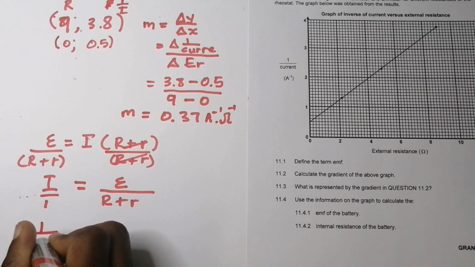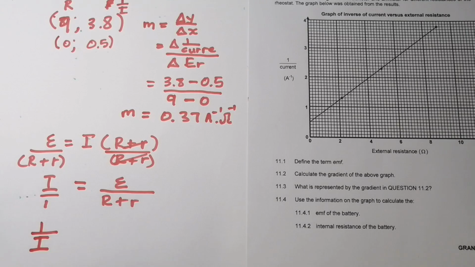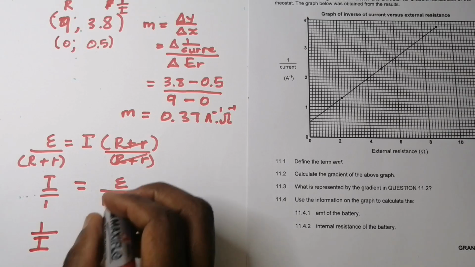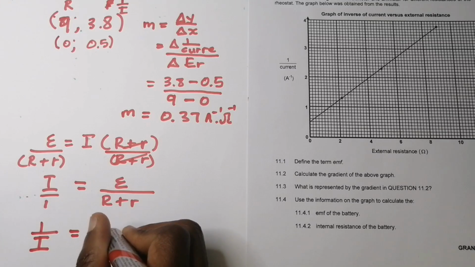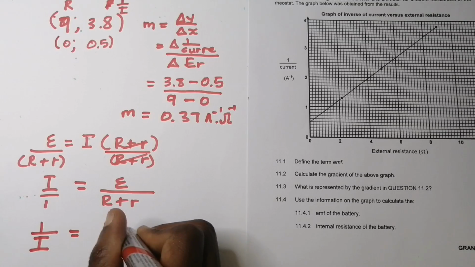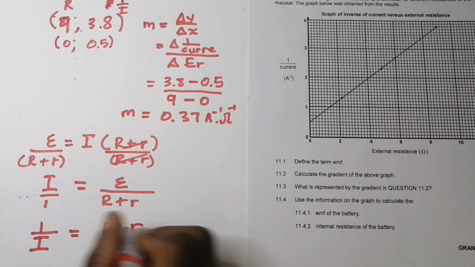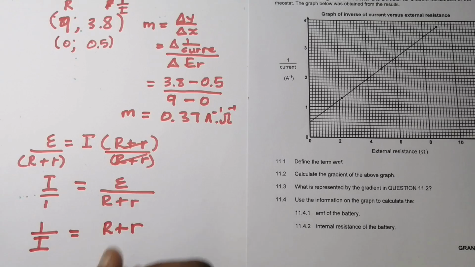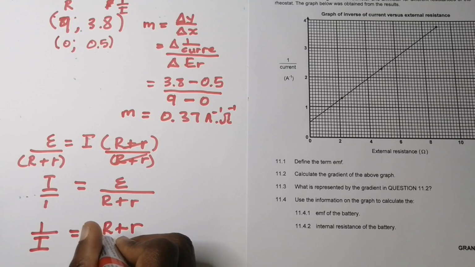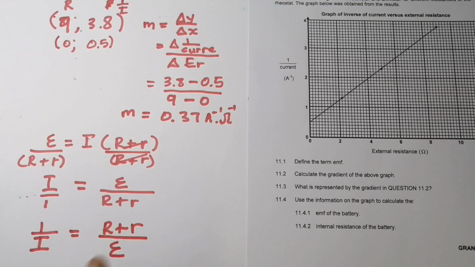But what I do on the left, so I now have 1 over I, which will be equal to R plus small r, which is our external resistance plus internal resistance, divided by E, okay? Right, now this is the equation that I end up having, okay?